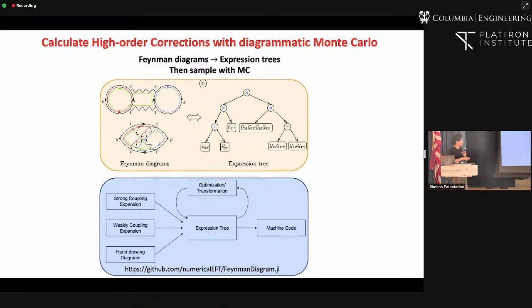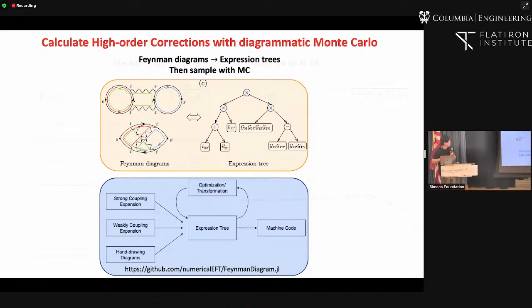This expression tree can be efficiently evaluated very fast on a modern computer. Then you need to use Monte Carlo to sample the internal variables. So this is a diagrammatic Monte Carlo algorithm to calculate high order perturbation theory. With this theory we can calculate up to 6th order, and for many cases this is sufficient to obtain a result with controlled accuracy.